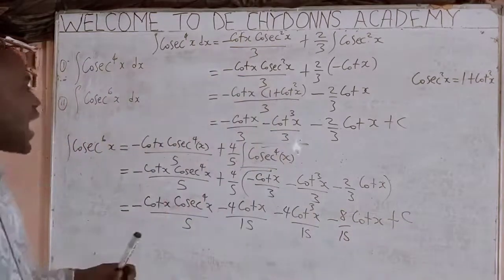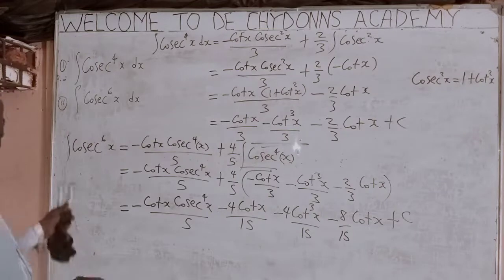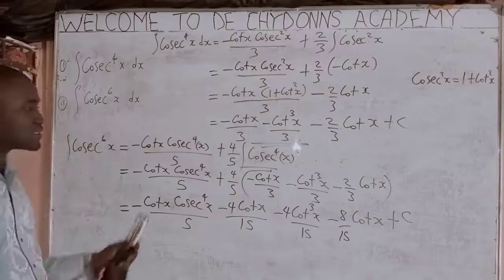So that is the final answer to integration of cosec raised to power 6 x.